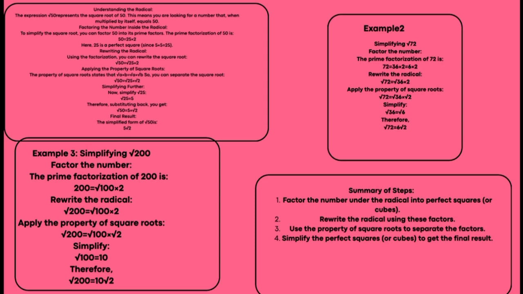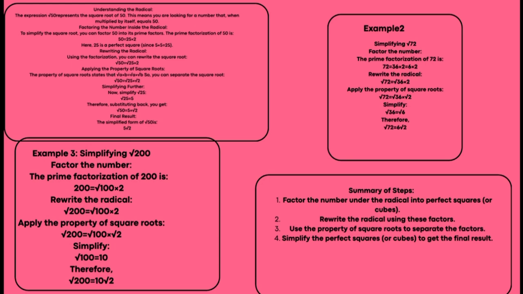Example 2. Simplifying the square root of 72. Step 1. Factor the number. Start by finding the factorization of 72. You can break it down as follows: 72 equals 36 times 2. Here, 36 is a perfect square because 6 times 6 equals 36. Step 2. Rewrite the radical. Rewrite 72 using the factors: the square root of 72 equals the square root of 36 times 2. Step 3.